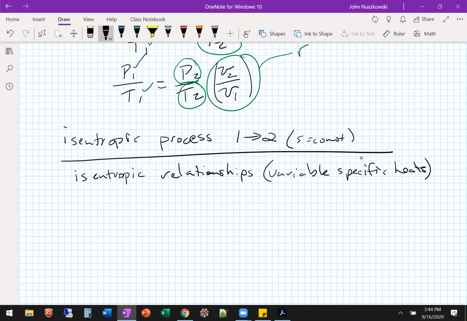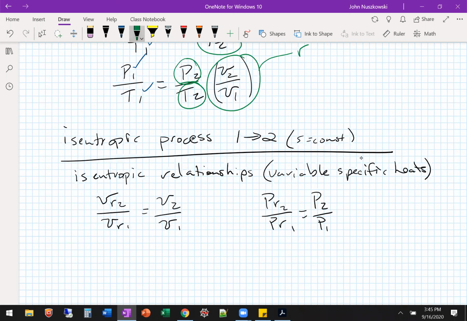One relates pressure, one relates temperature, okay? And then we have table A-17E.